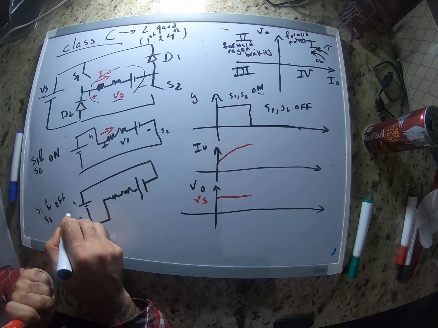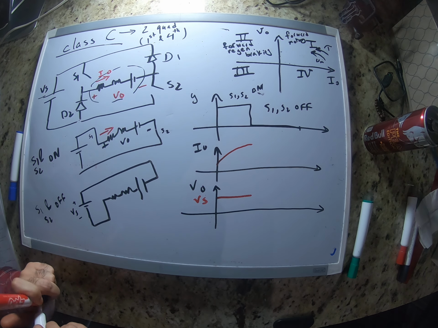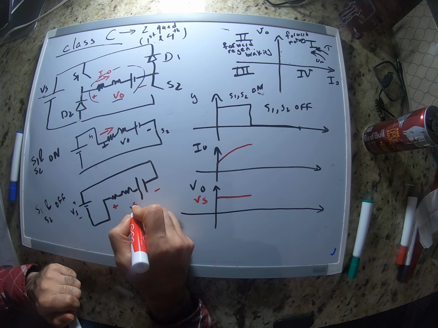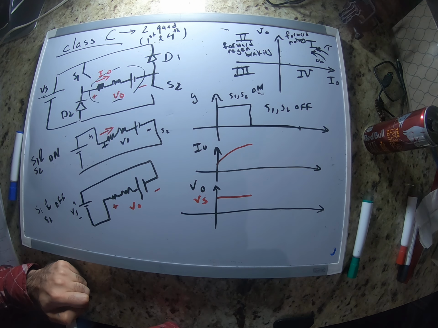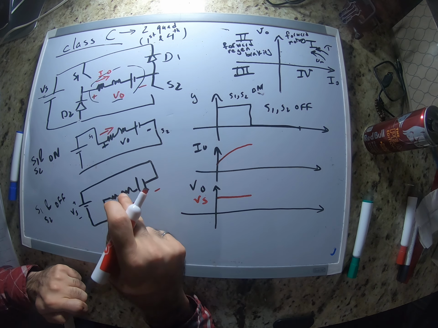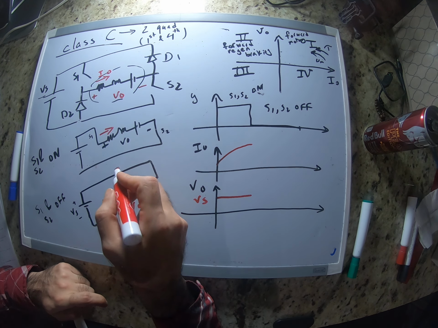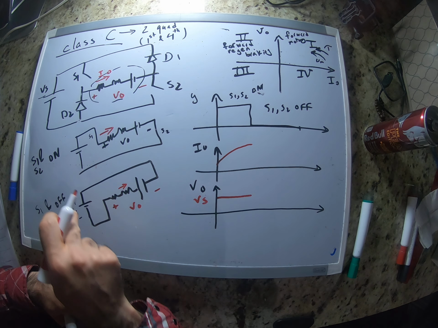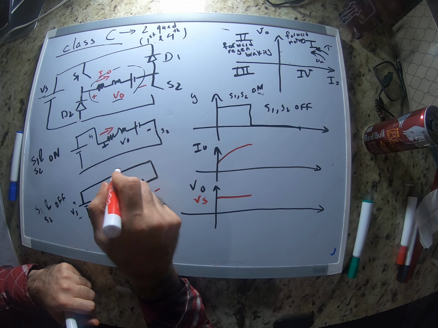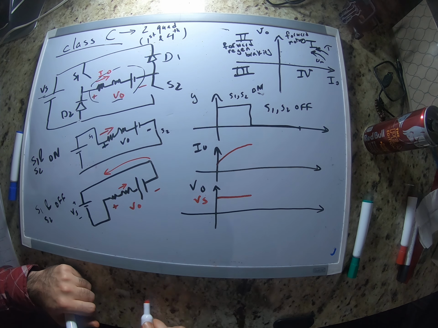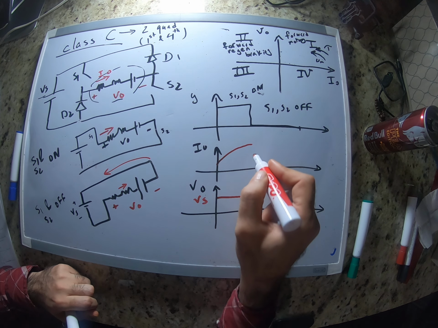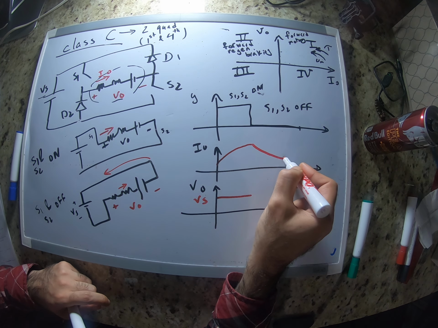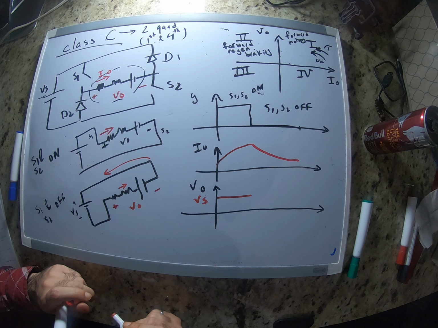So this is positive, negative Vs, and this is the direction we chose for output voltage. Right? Why do we end up with this? Because we stored some energy in the inductor, right? So this inductor is going to act like a current source with a variable value. So it's going to decrease. It's still positive, but it's going to decrease, right?